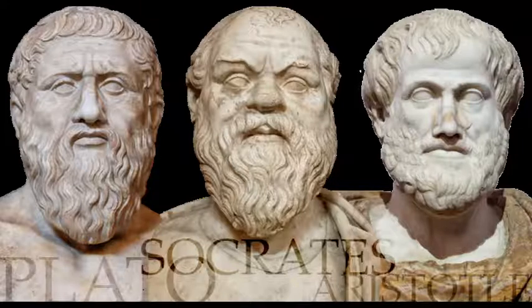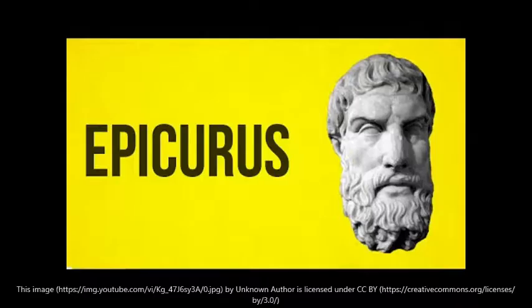Then, around 300 BC, Aristotle develops two key theories: spontaneous generation and scala naturae. Spontaneous generation covers the origin of the universe, and scala naturae covers the class structure of living organisms. Where did the stuff that began the universe come from?